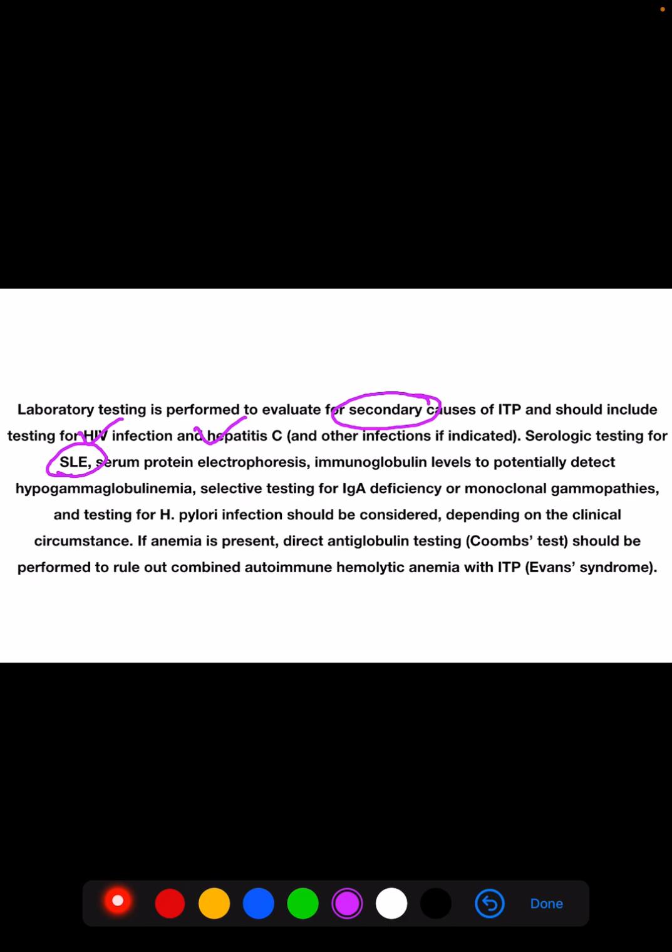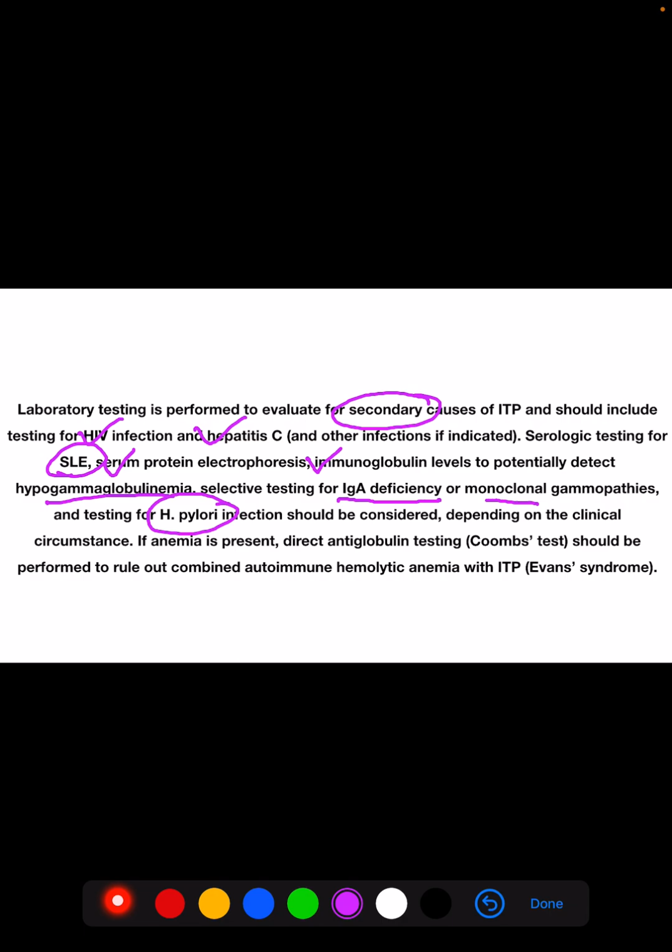If we have to rule out other disorders, we have to do a serum protein electrophoresis, immunoglobulin levels to detect any hypogammaglobulinemia, and we can also do selective testing for IgA deficiency or monoclonal gammopathies, and even testing for H. pylori infection should also be considered depending on the clinical circumstance.